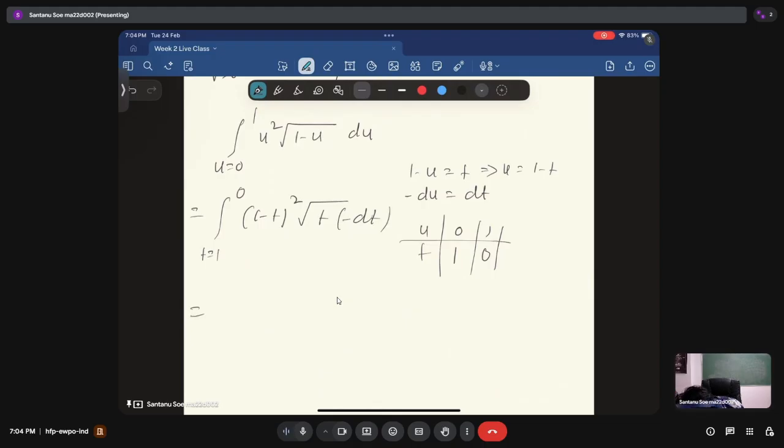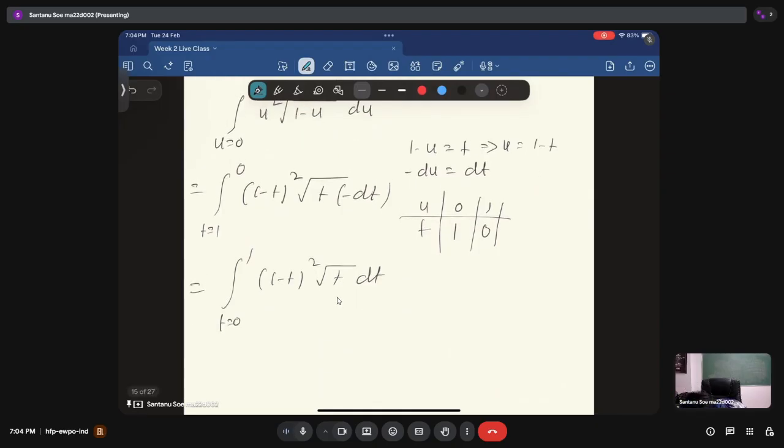Now since the limit is from 1 to 0 and there is a negative sign here, we can interchange this. So it will be t from 0 to 1, 1 minus t squared square root of t dt. And this is because the integration a to b of f(x) dx equals minus the integration b to a of f(x) dx. Correct.